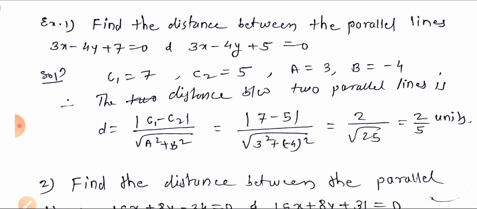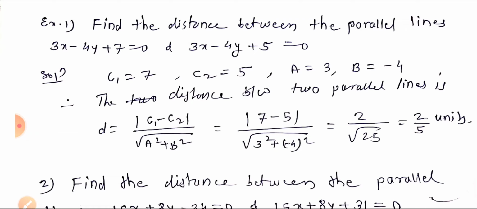Find the distance between the parallel lines 3x minus 4y plus 7 equal to 0 and 3x minus 4y plus 5 equal to 0. Here two lines are given and they are parallel, so we find the distance between them. Here c1 is equal to 7 and c2 is 5, and a equal to 3, b equal to minus 4.